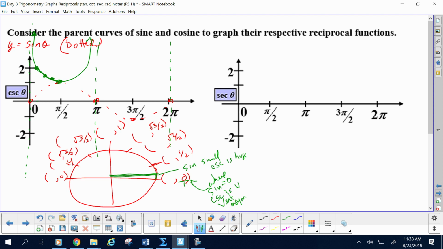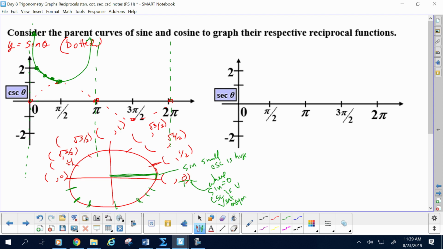All right, so now, let's talk about what happens when you trip over pi. What do you know about the sine values after pi? What are all these y values? Negative. And does taking the reciprocal change the sign? No, so our cosecant values will also be negative. So what do you reckon it's going to look like over here between pi and 2 pi?